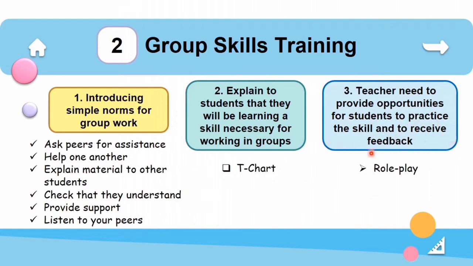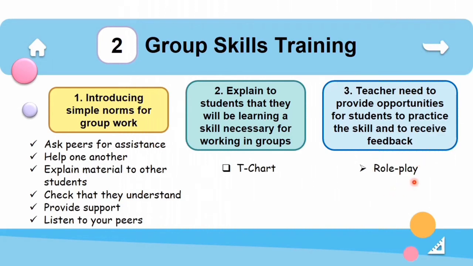And the last step is that the teacher needs to provide opportunities for the students to practice the skill and to receive feedback. What is an example for this point? Such as a role play. You might have the students role play, pair the skill with a familiar academic task so that the students can focus their attention on using the social skill, or have the students engage in exercises designed to teach particular skills.